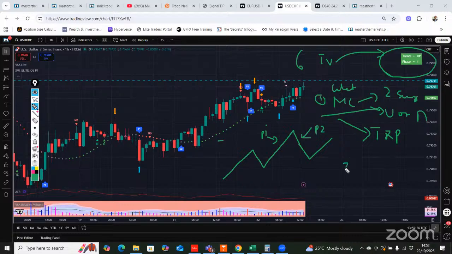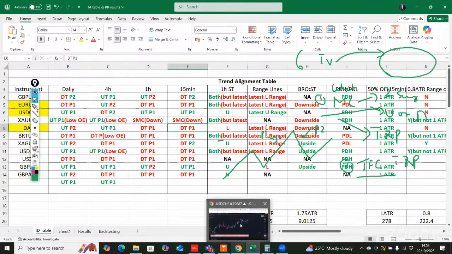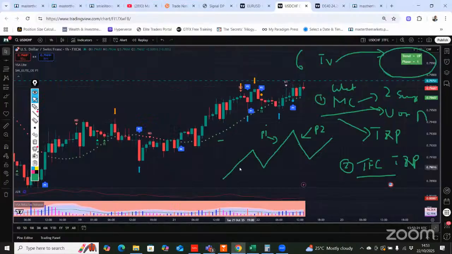Now, why are market cycles important to understand? Because it helps with time frame correlation, what trend and phase it is across the different time frames, which I proved to you across this table over here. It makes it clearer for you across different time frames, and then to form your directional bias.